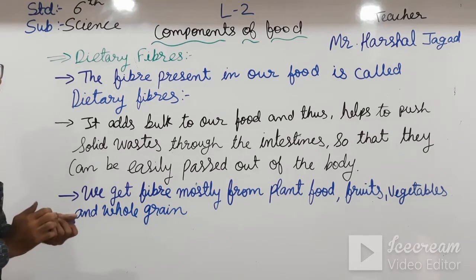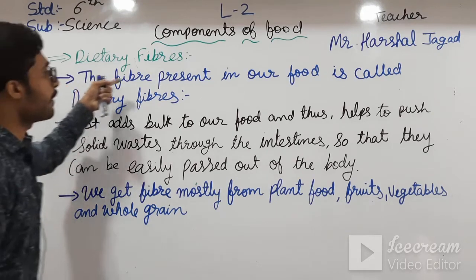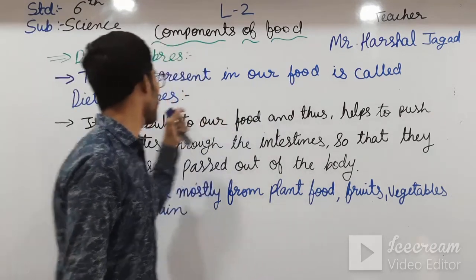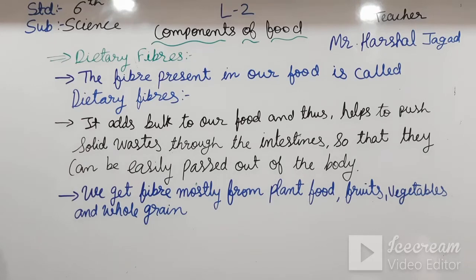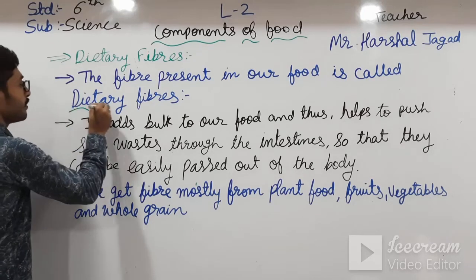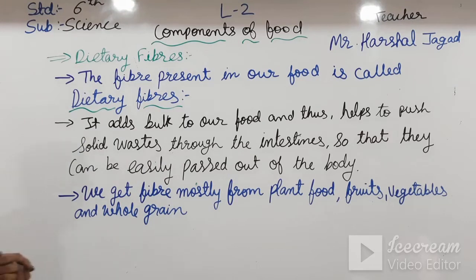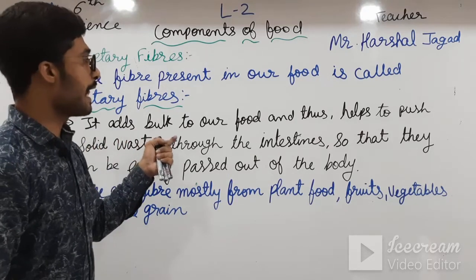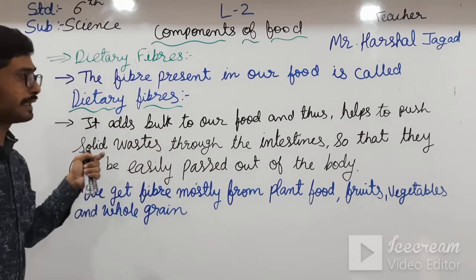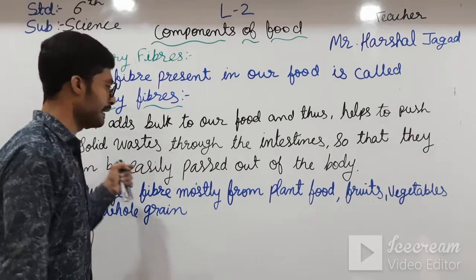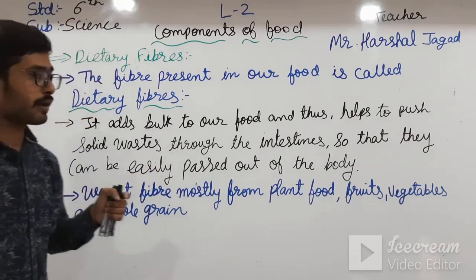Where does it come from? So the first point, the fibers present in our food are called dietary fibers. This you have to learn, students, and it adds bulk to our food and thus helps to push solid waste through the intestine so that they can be easily passed out of our body.